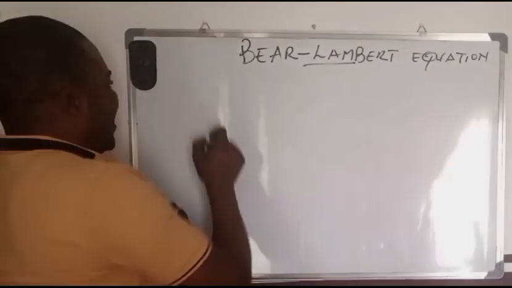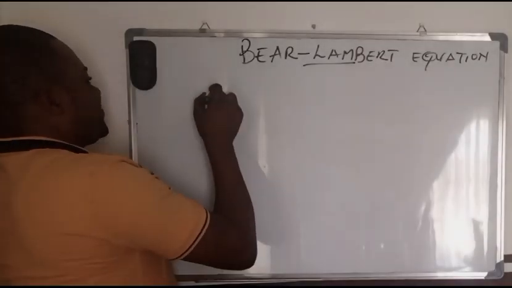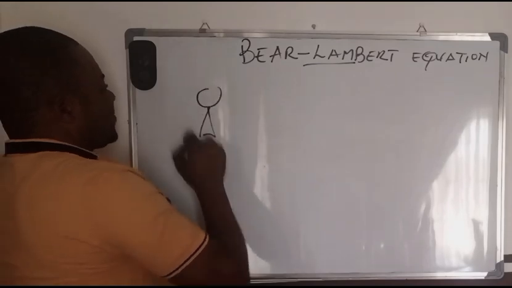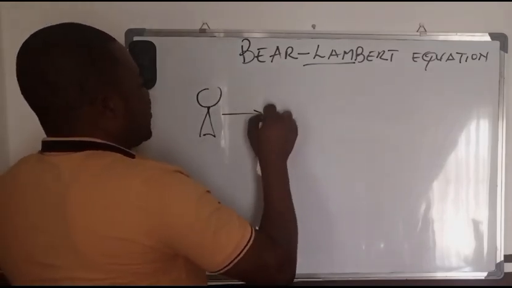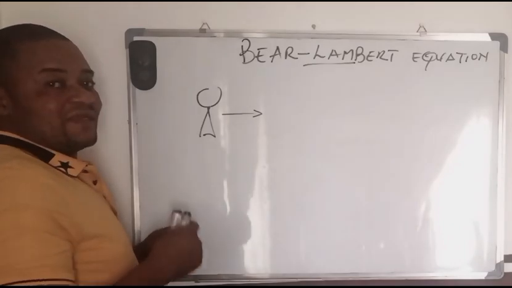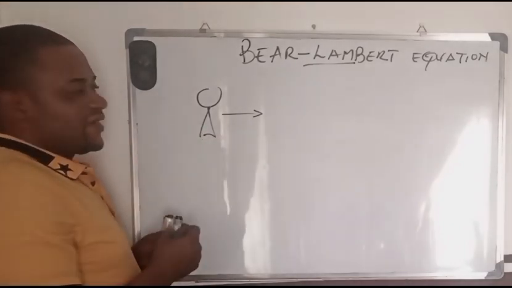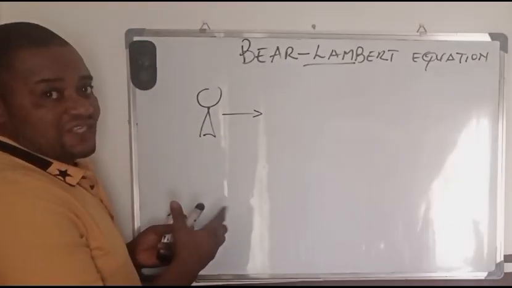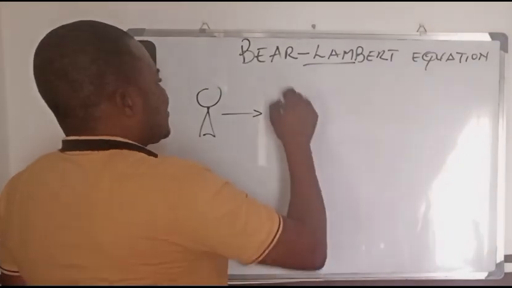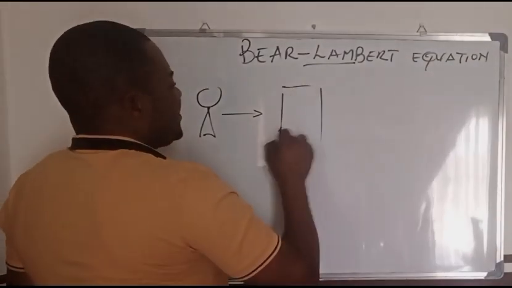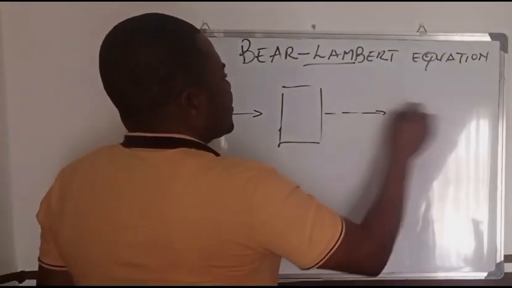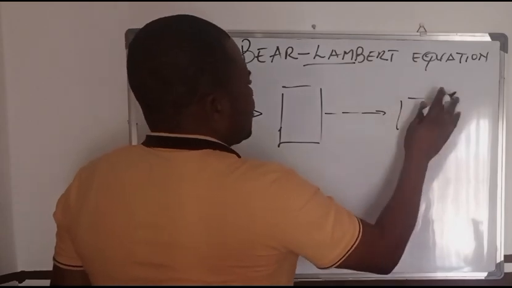Now, let's say you have a light source. I won't want to start drawing the instrumentation again, we have it already, but let's say we have an abridged instrumentation, and this light source links to a sample container and goes out to a detector.